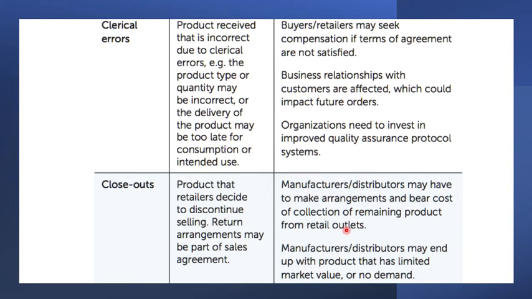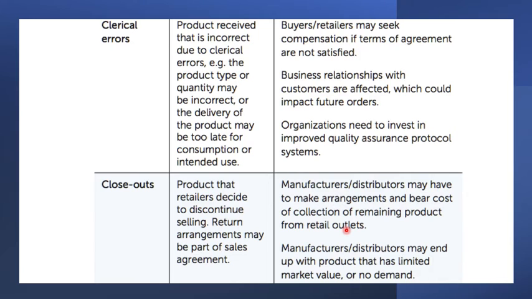Clerical error. The error, you can see, is a quantity mismatch, or instructions that have not been properly printed, or there can be a delivery date mismatch or expiry date mismatch.